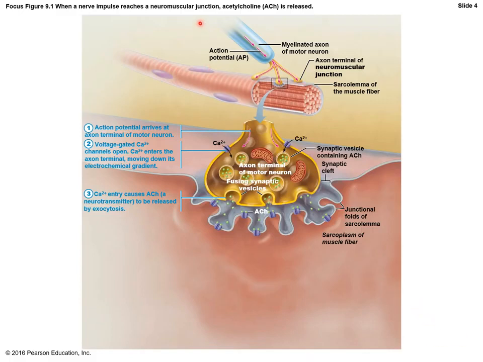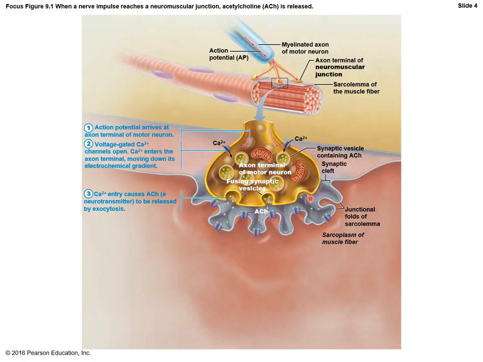So here's your neuron up here, and you have an action potential coming down. The very end of the neuron is referred to as the axon terminal. So this is the axon terminal, and you're looking right here at this one enlarged. This is your muscle down here.